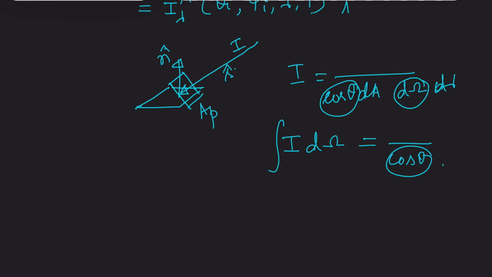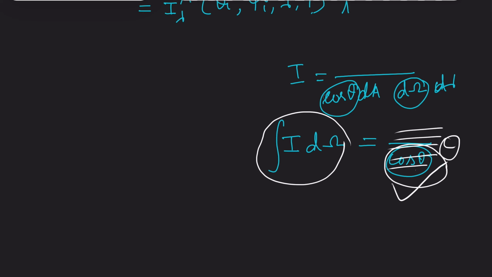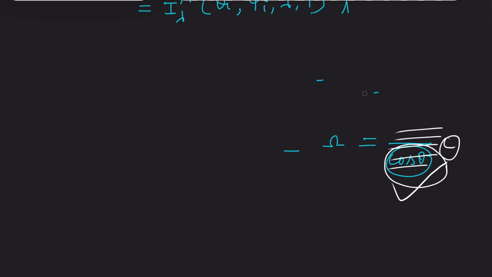Even after integrating, you can see that this is clearly a function of theta, but integrating with respect to direction means there should be no theta on the RHS. So you have to take this cos theta here also. So there is both the intuitive logic and the scientific logic.